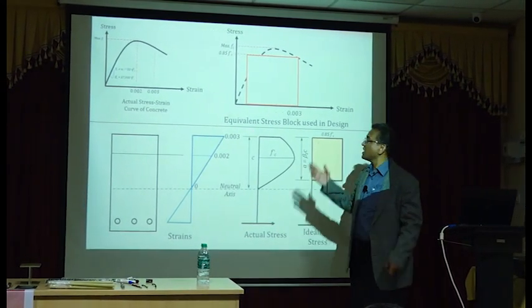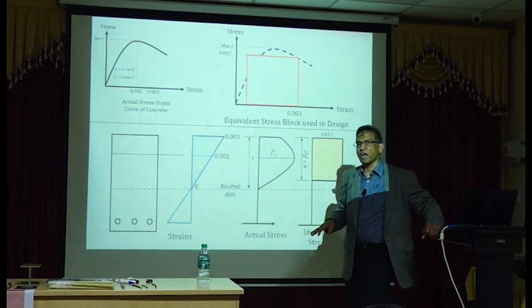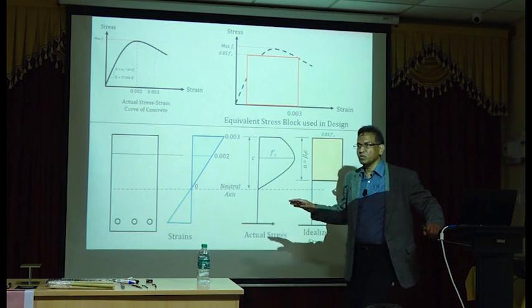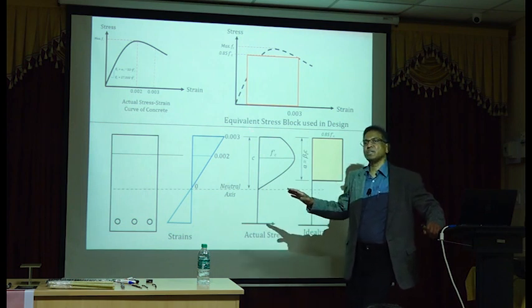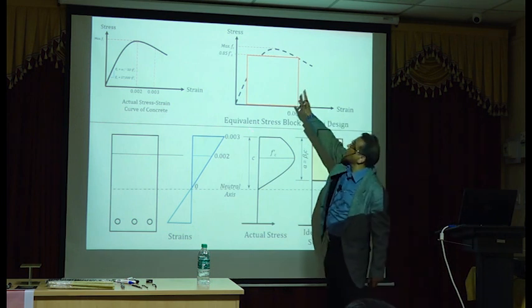So why even bother? Make it simple. If you see ACI requirements, everything is simplified so that anybody who has a little bit of knowledge can actually do the design. Very, very simple. Okay, so we have a rectangular stress block.